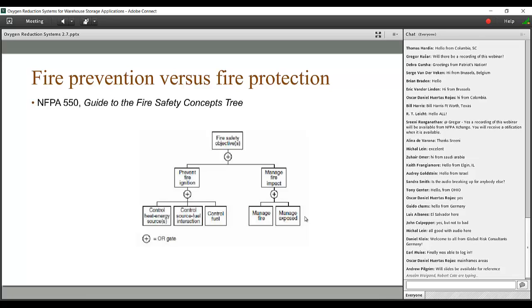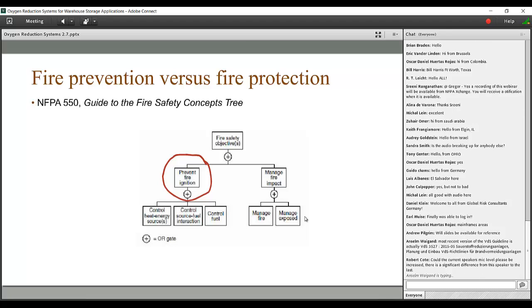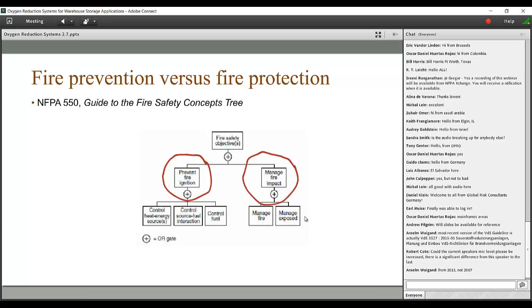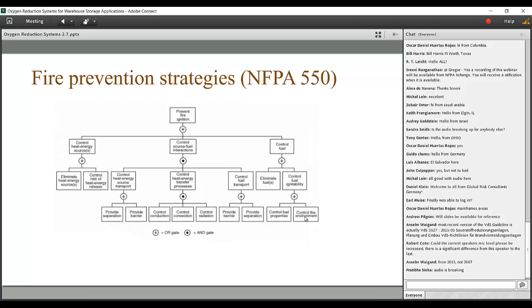Within the system you have the opportunity to prevent the fire ignition, essentially to prevent the fire from occurring, or, in addition to that, you have opportunities to manage the fire impact. And so ORS systems could potentially work in both of these environments.